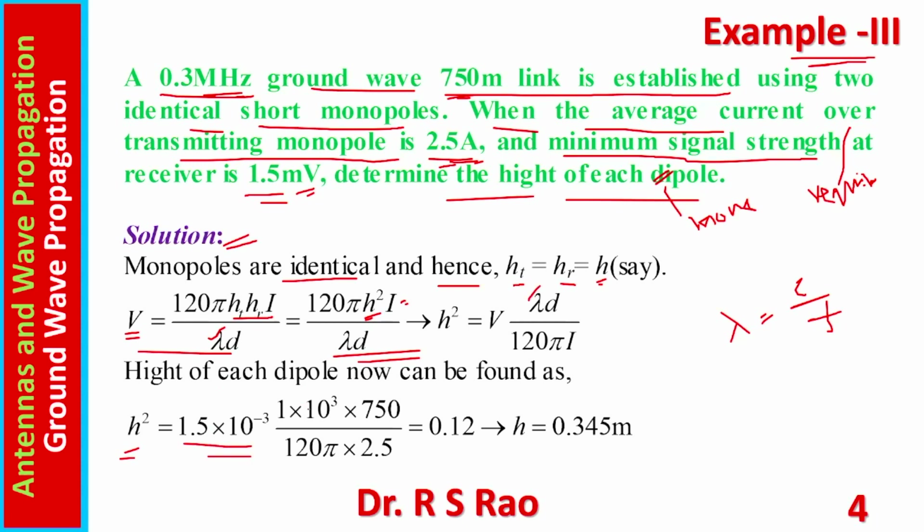Lambda is 1 into 10 power 3, this value we got using lambda equal to C by F. And D is given as 750 meters. 120 pi in the denominator multiplied by I equal to 2.5. Now simplification of this expression gives us h square as 0.12. It gives us h equal to 0.345 meters. So effective height of each antenna, in the present case monopoles, height of each monopole requires to be 0.345 meters.